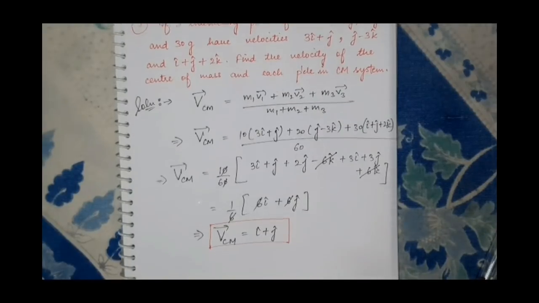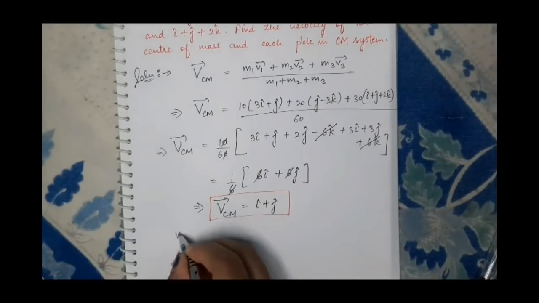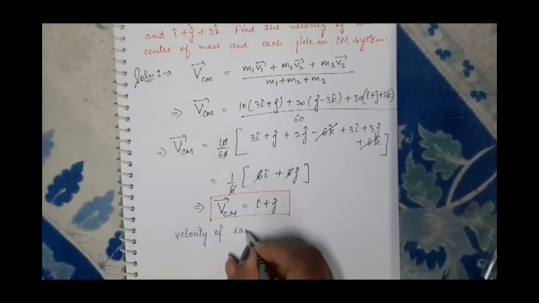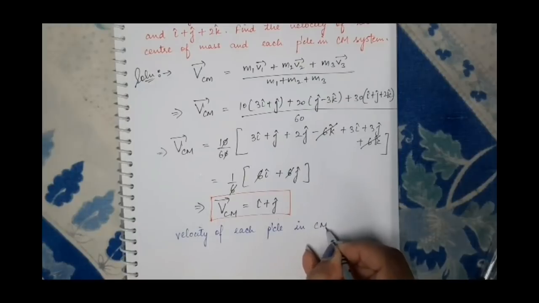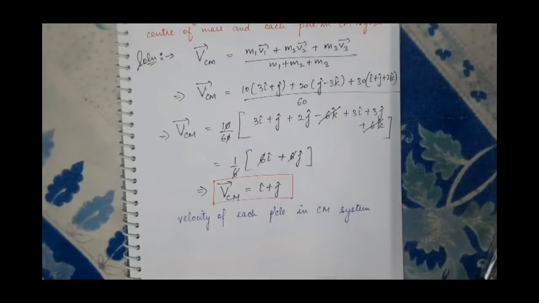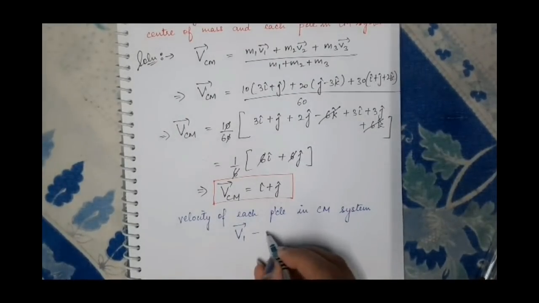Okay? So the velocity of each particle in CM system, meaning center of mass system, will be the velocity of particle in lab system minus velocity of center of mass.